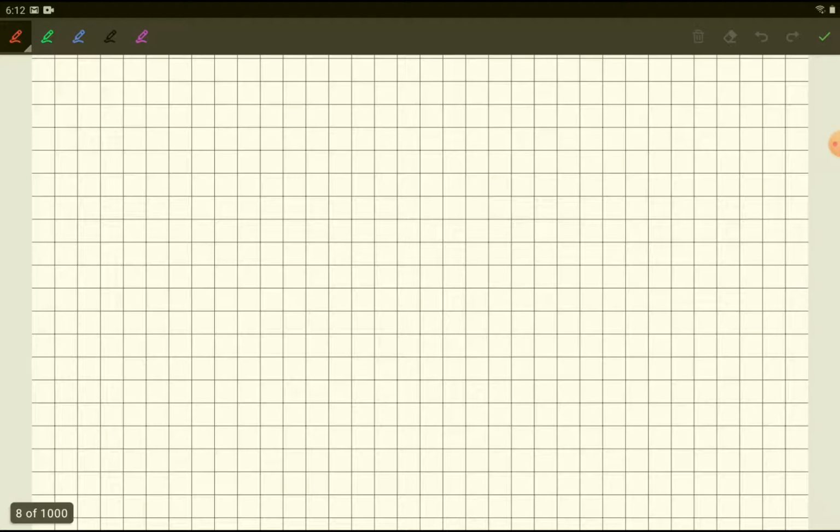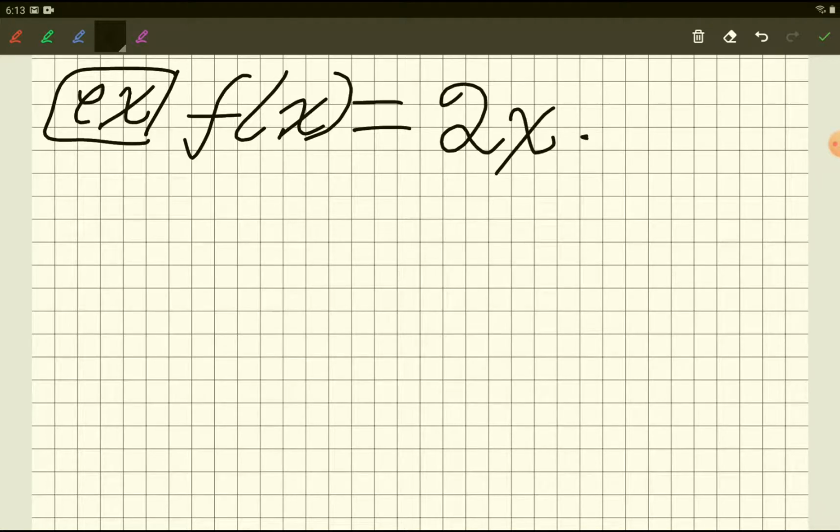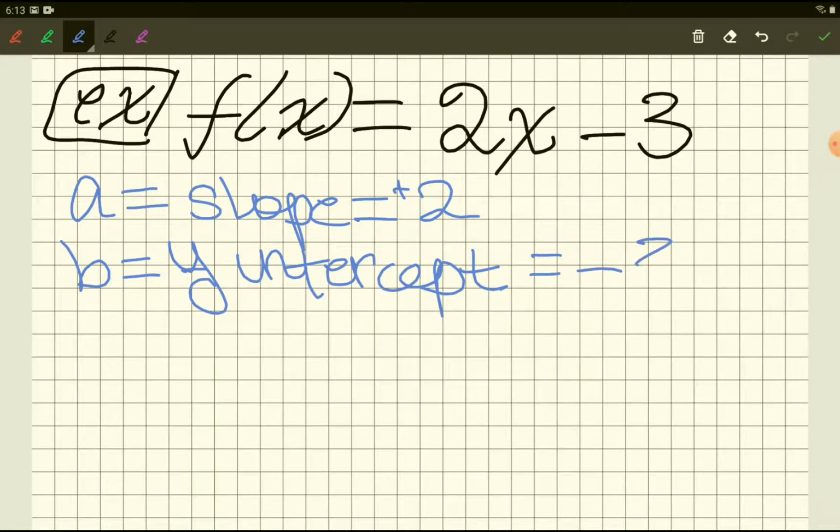Alrighty. So, very quickly, an example. This should be easy review for you guys. Say you have a function 2x minus 3. It's a linear function, right? Your a, also known as your slope, is positive 2. And your b, also known as your y-intercept, is negative 3.